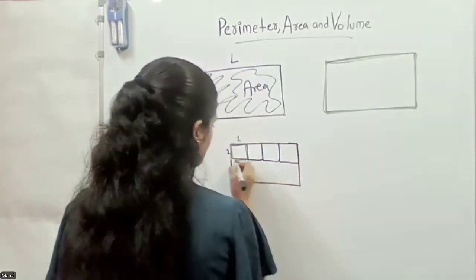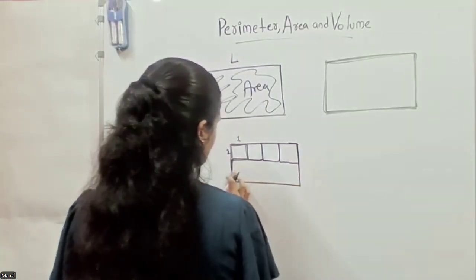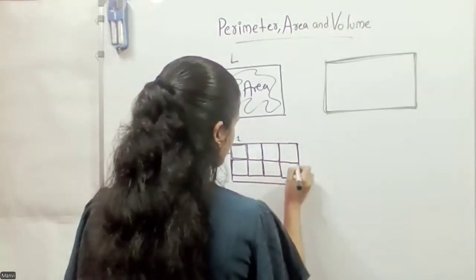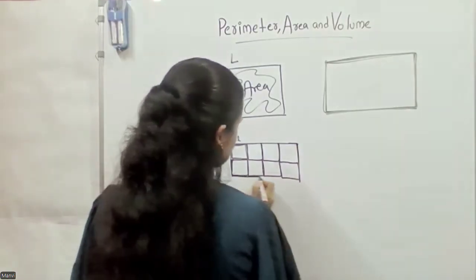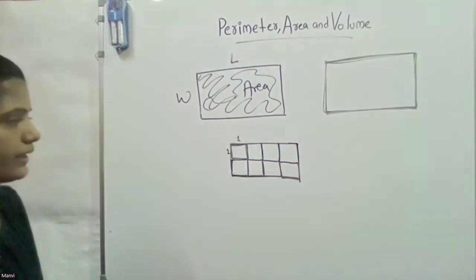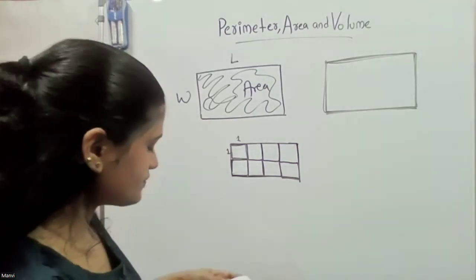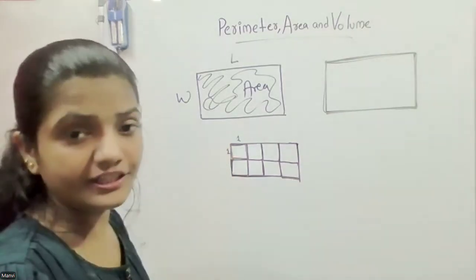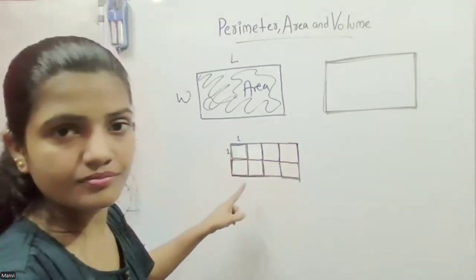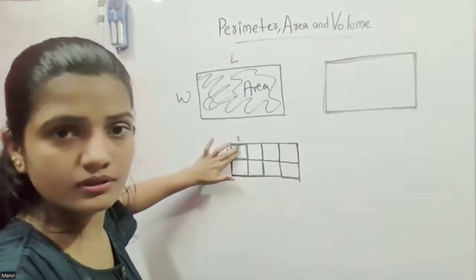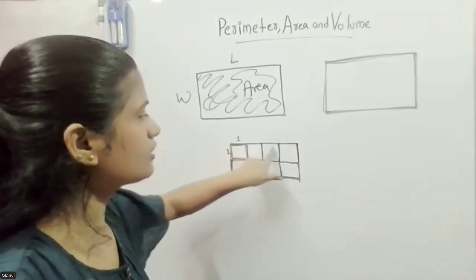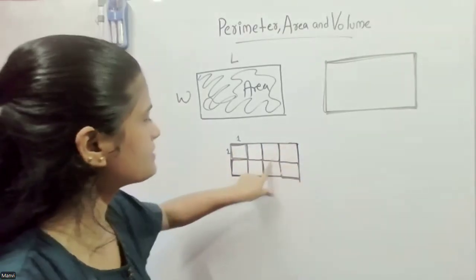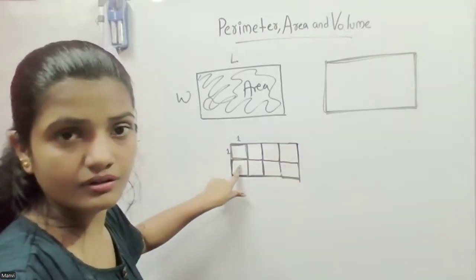And here also we have this, then that, this. Listen carefully, Kavya. For this figure, you can say how much cube we needed for this space. All the cubes are the same. So we needed a total of 1, 2, 3, 4, 5, 6, 7, and 8. Right?